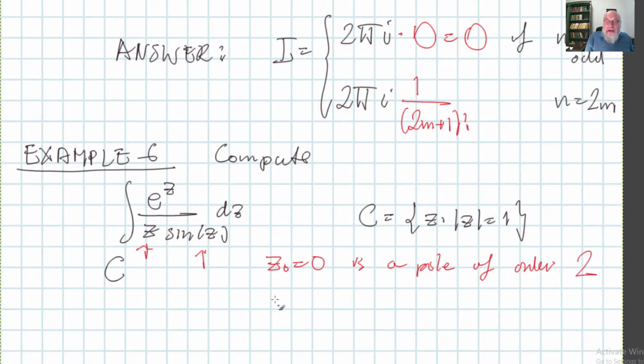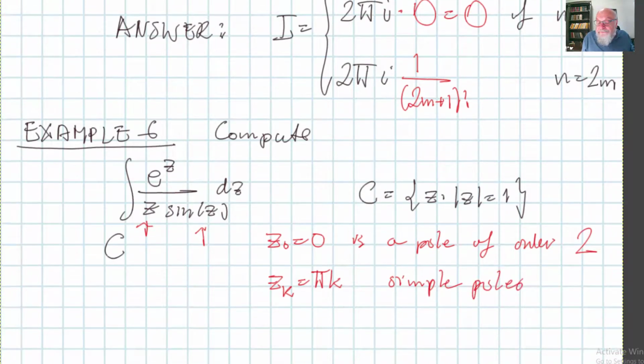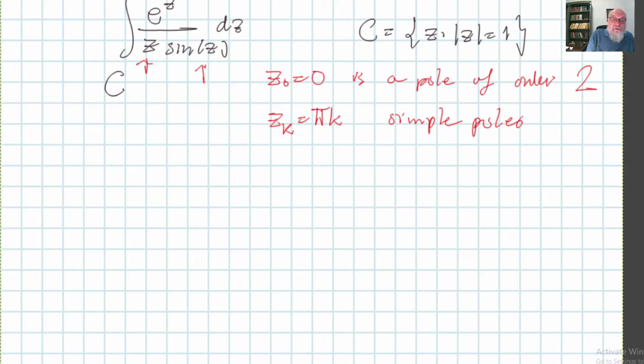This is a pole of order 2, and there are also other z_k equals πk, and those are single points. Single poles. Simple poles.